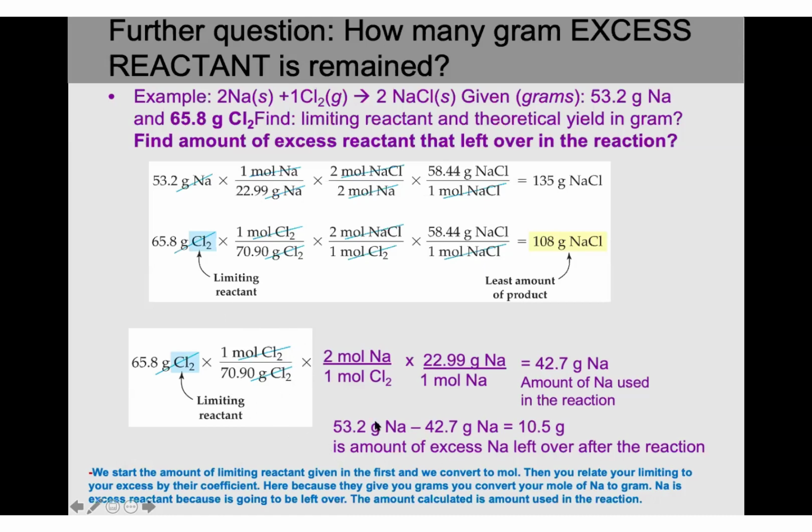Then you relate your limiting reactant to your excess. How do you relate them? Using the coefficients: 2 moles of sodium to 1 mole of chlorine. So relate your limiting to excess. Then we convert the moles of sodium to the grams of sodium.